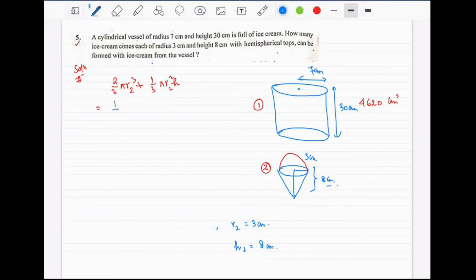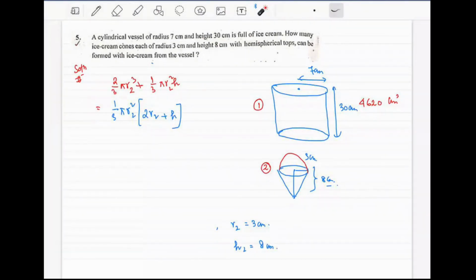You can take out 1 by 3 pi and R2 square. We have already done this, so I don't think we need to explain further. We have 2R2 plus H left. Everything from the 3, the pi, the R2 square is taken out. One R2 remains because there was a cube here. From here, everything is taken out except for H.